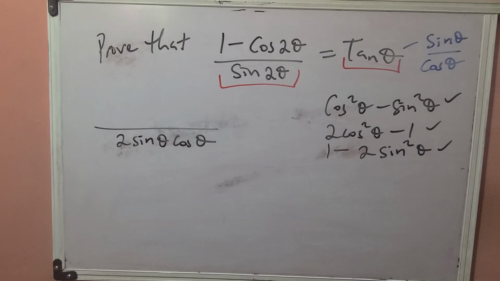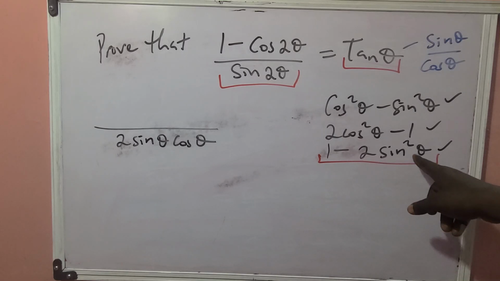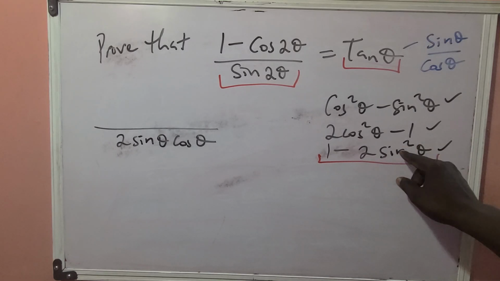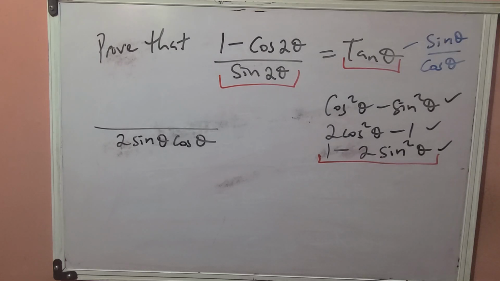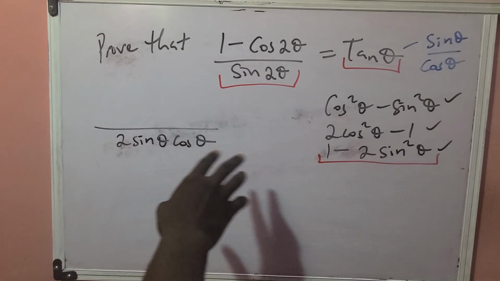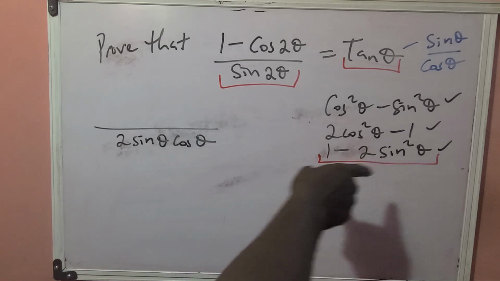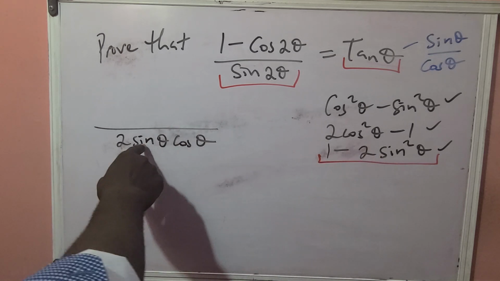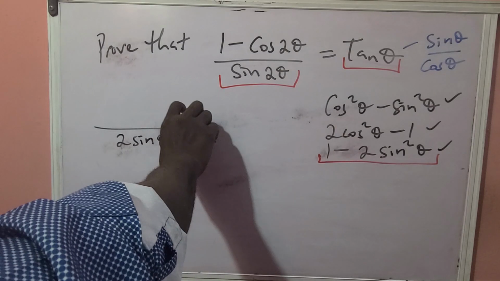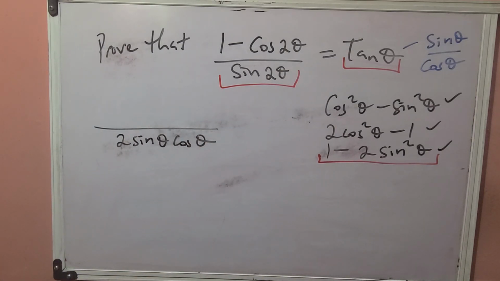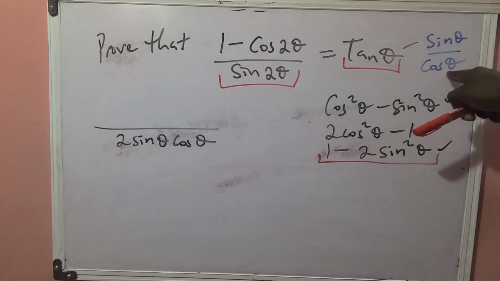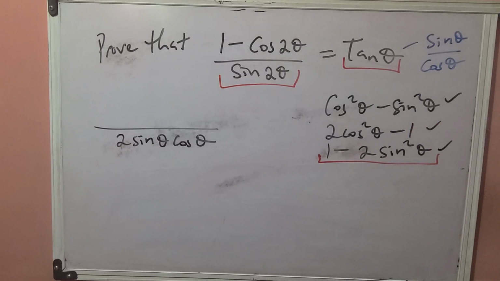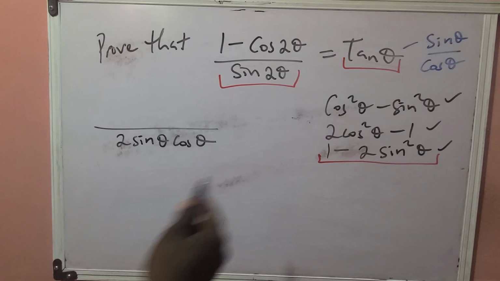So I'm much more inclined to lean towards this last form, because this format has sine square theta, and I have sine theta in the denominator. If I'm able to cancel one sine theta, I'm already seeing my sine over cos coming out, which is the destination we are moving towards for the answer.